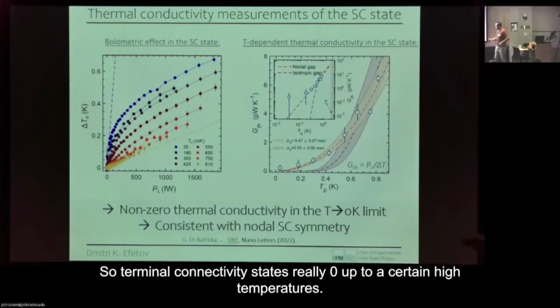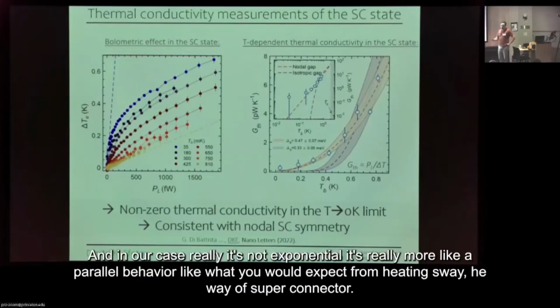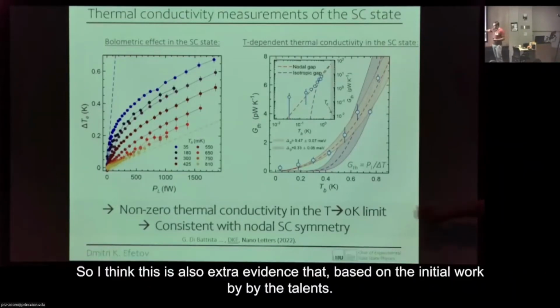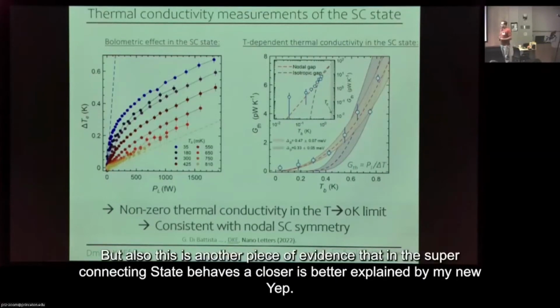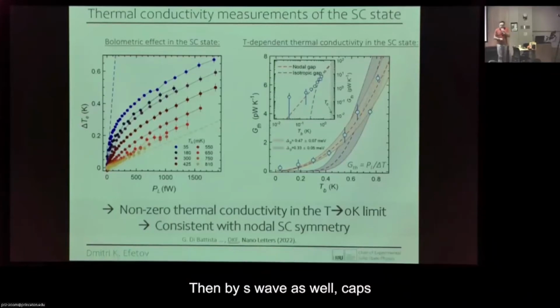In our case, it's not exponential. It's more like a power-law behavior, like what you would expect from, for example, a d-wave superconductor. So I think this is extra evidence, based on the initial work by tunneling spectroscopy, that something in the superconducting state is better explained by nodal gaps than by s-wave gaps.